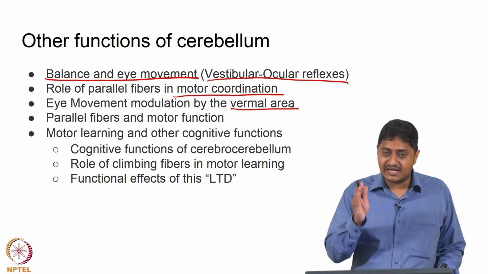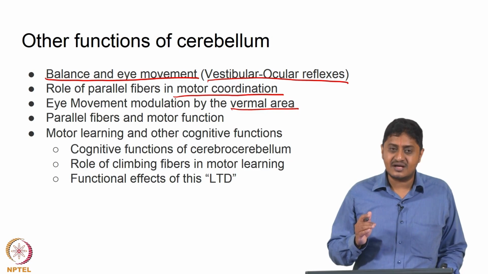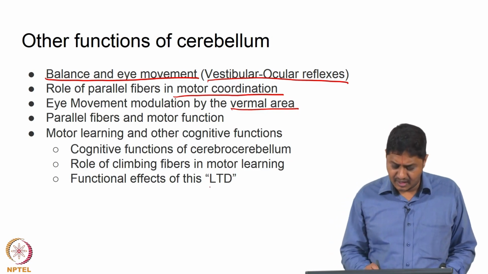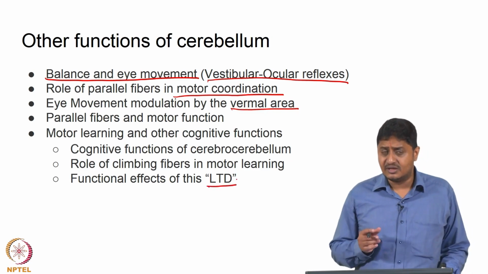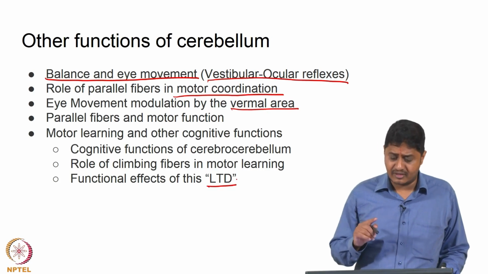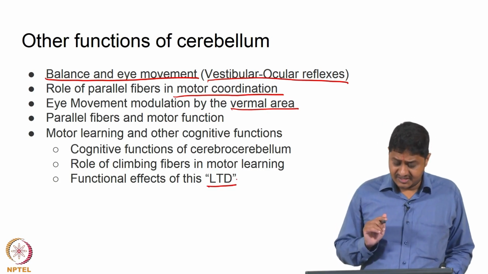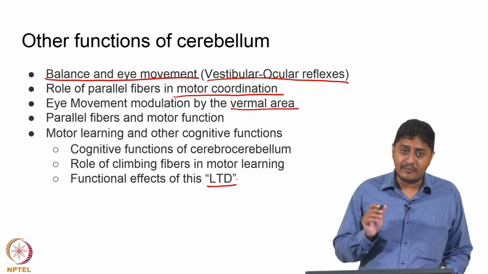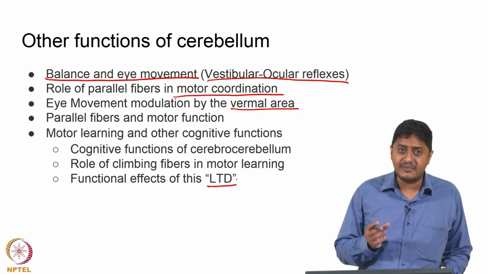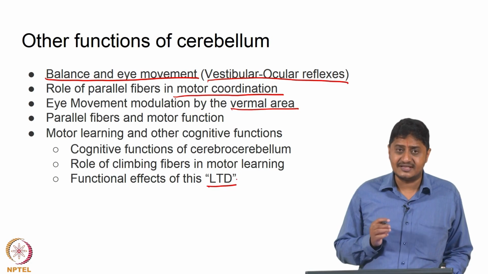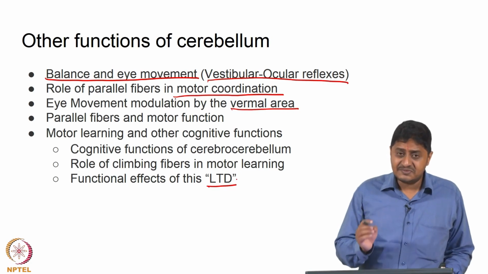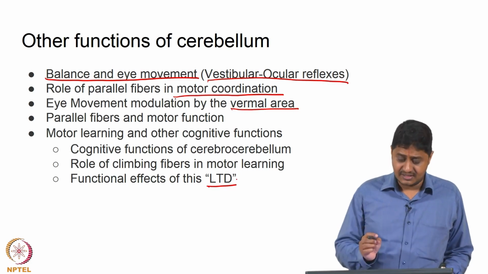At around the same time, if the climbing fiber is also firing, this causes what is called a long term depression in the Purkinje cell parallel fiber synapse. So, in other words, it is communicating to this Purkinje cell that these parallel fibers are causing errors.